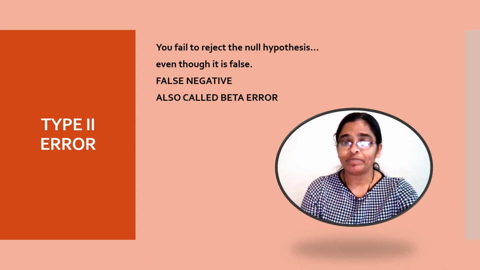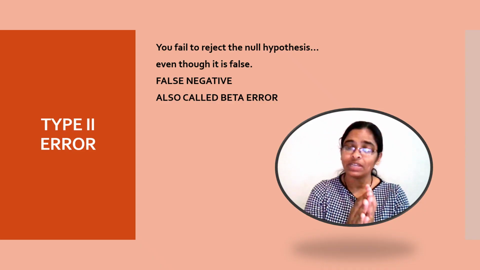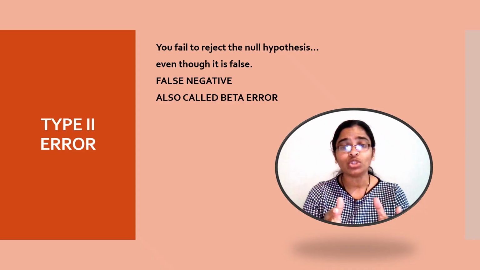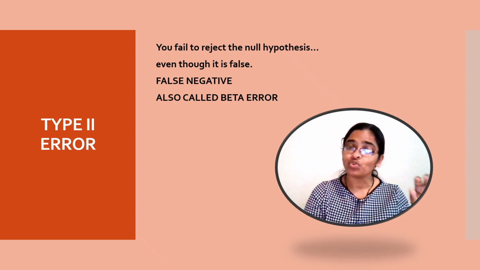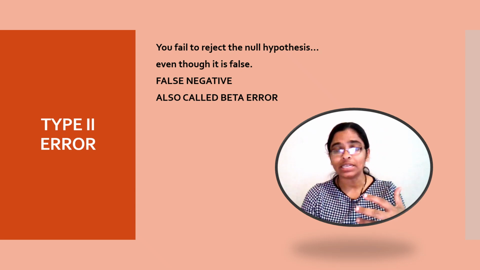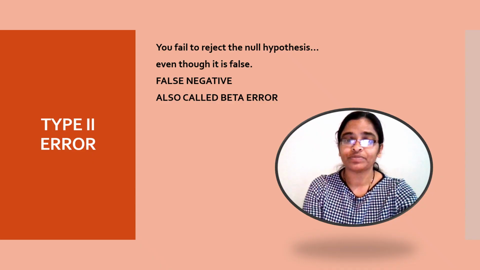Type 2 error. It occurs when you fail to reject the null hypothesis, even though it is false. In simple words, a treatment really works, but your study fails to detect it, and that becomes a false negative.